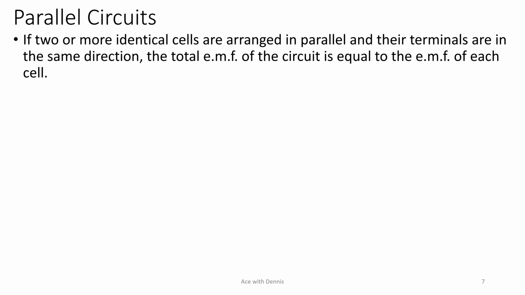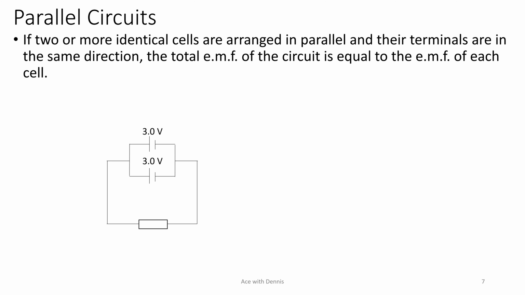If two or more identical cells are arranged in parallel and their terminals are in the same direction, the total EMF of the circuit is equal to the EMF of each cell. So this diagram illustrates two cells connected in parallel.